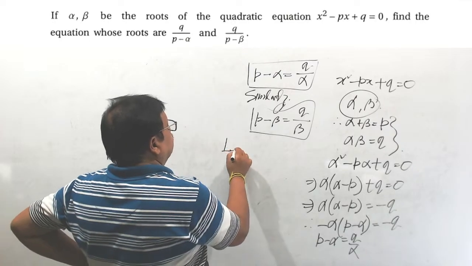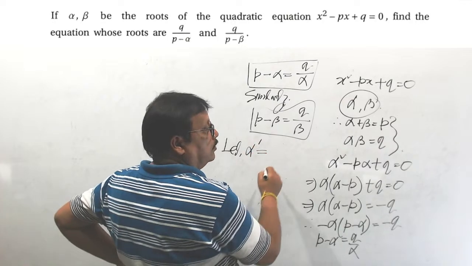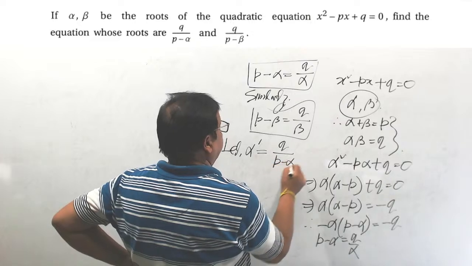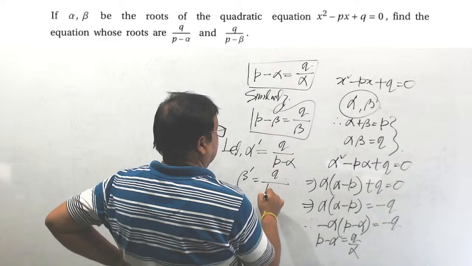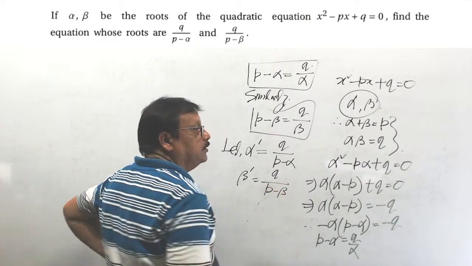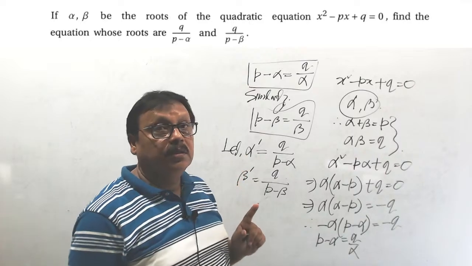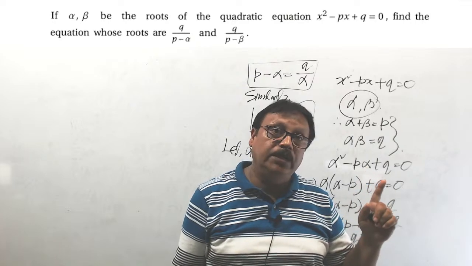Let alpha dash is equal to q by p minus alpha and beta dash is equal to q by p minus beta. That is, alpha dash and beta dash are the roots of the new equation that we will form. Understood?